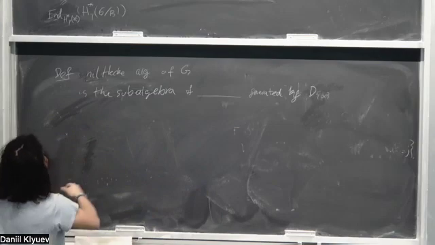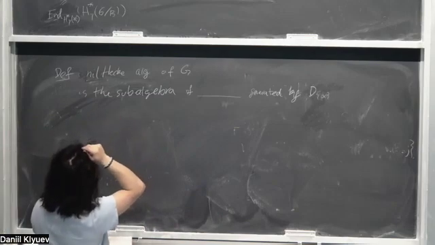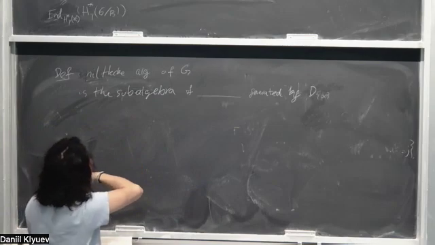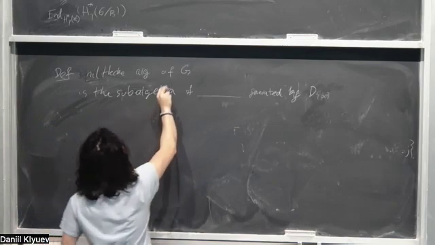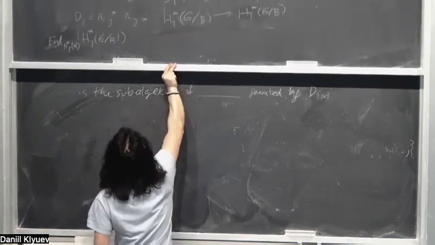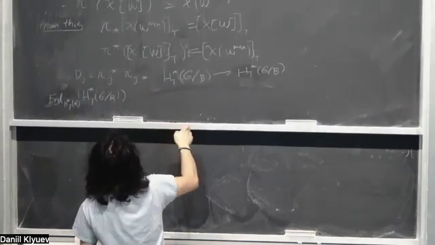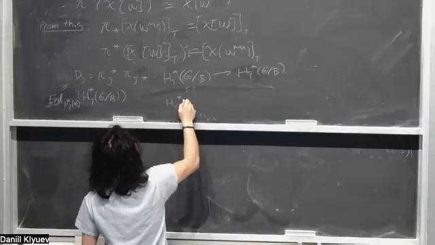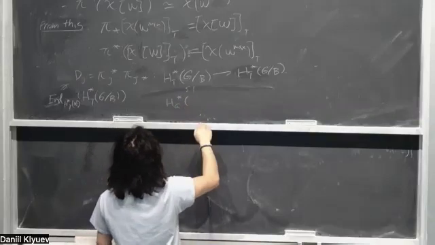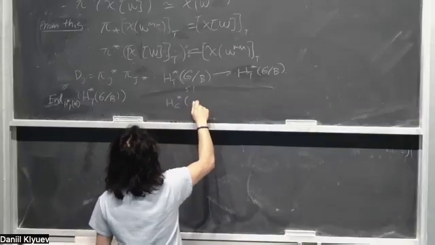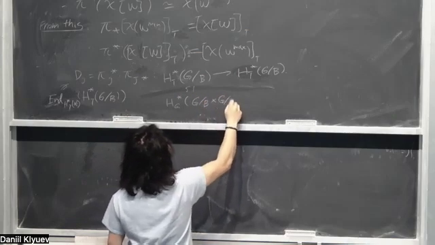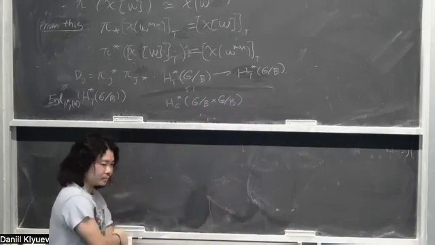Now remember at the beginning, I erased the stuff from the beginning, but this thing is also H^G star of G mod B cross G mod B, right?